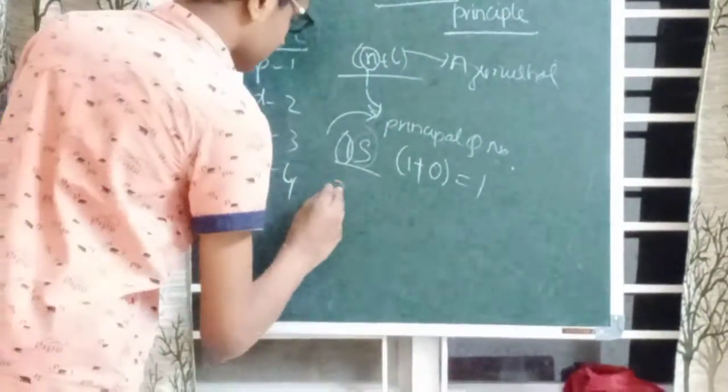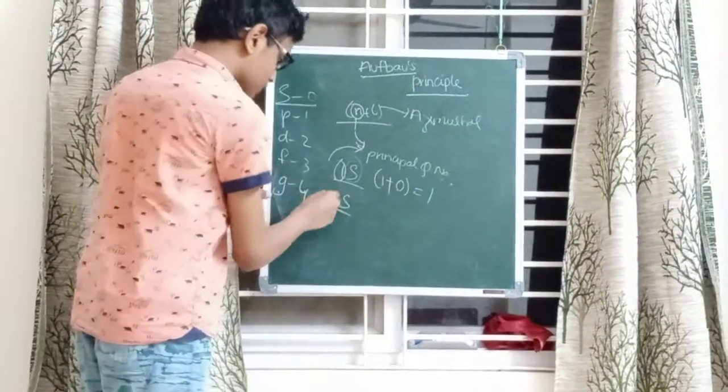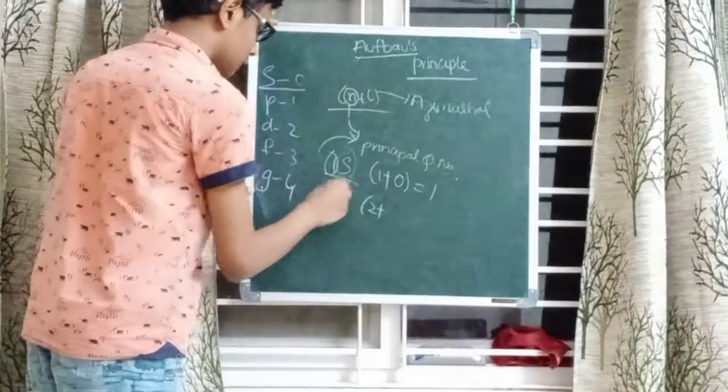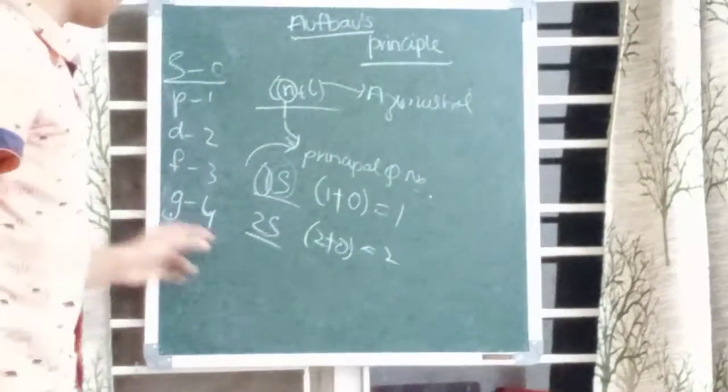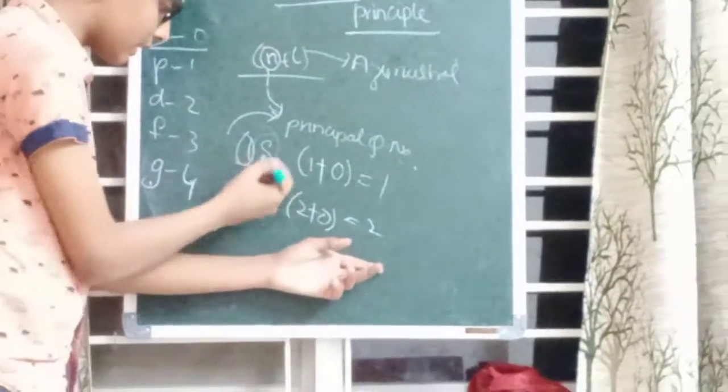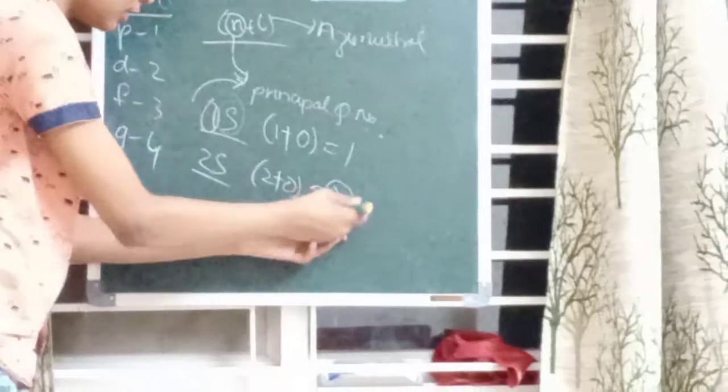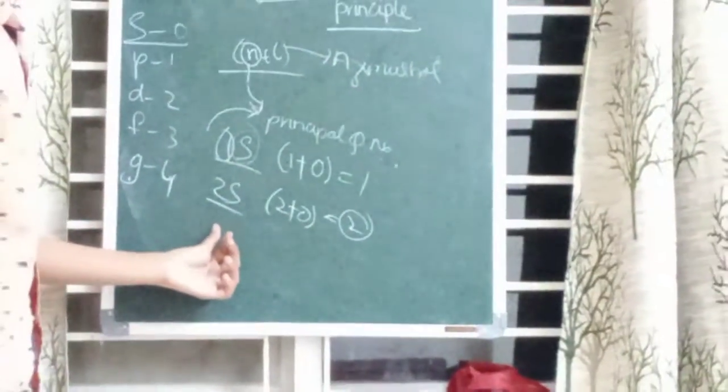So let us consider 2s. The principal quantum number value is 2, and s is 0, so the value is 2. Comparing 1s and 2s, the n plus L value is greater for 2s.